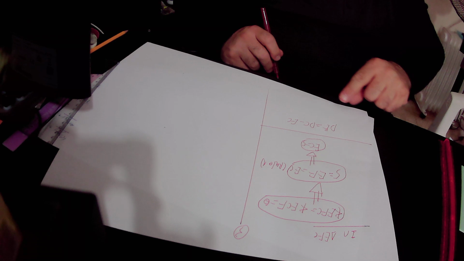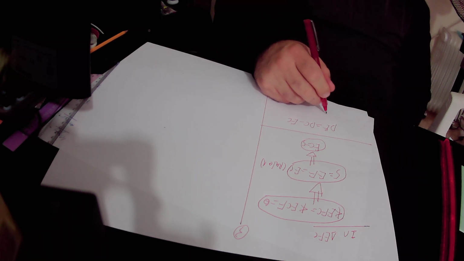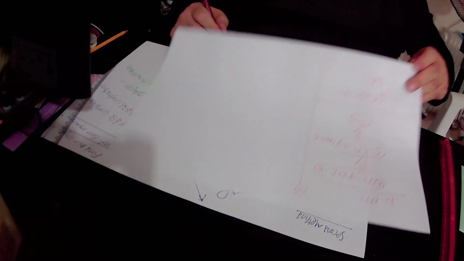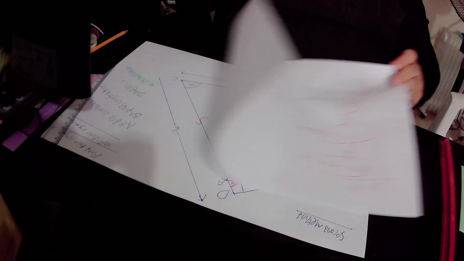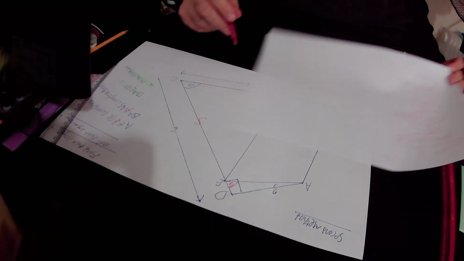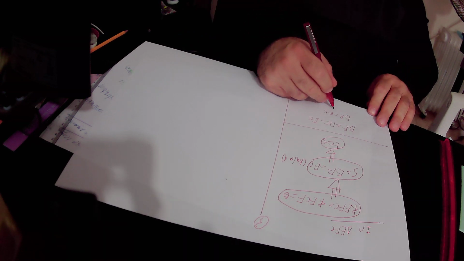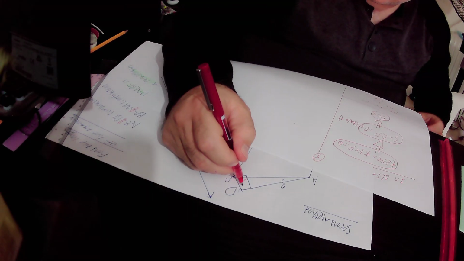I repeat again, DE equals DC minus EC. So DE equals DC, that is 6 units, minus EC, that is 5 units. In conclusion, we found out that DE equals 1 unit.